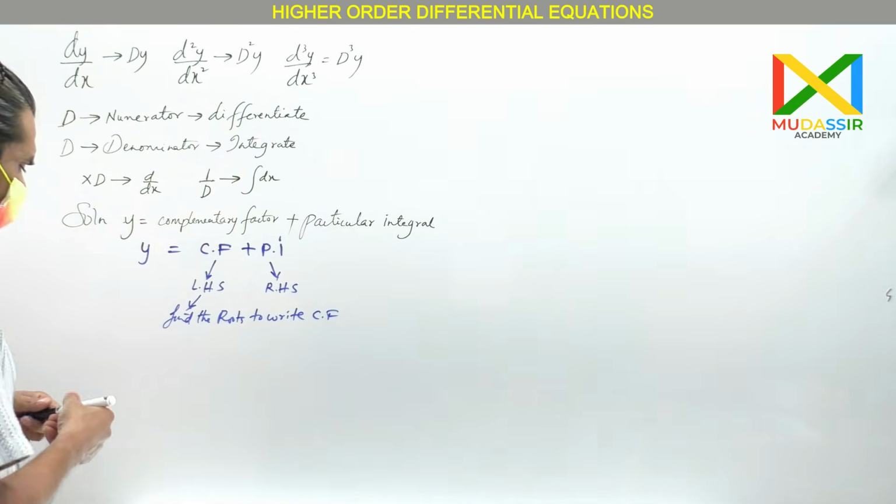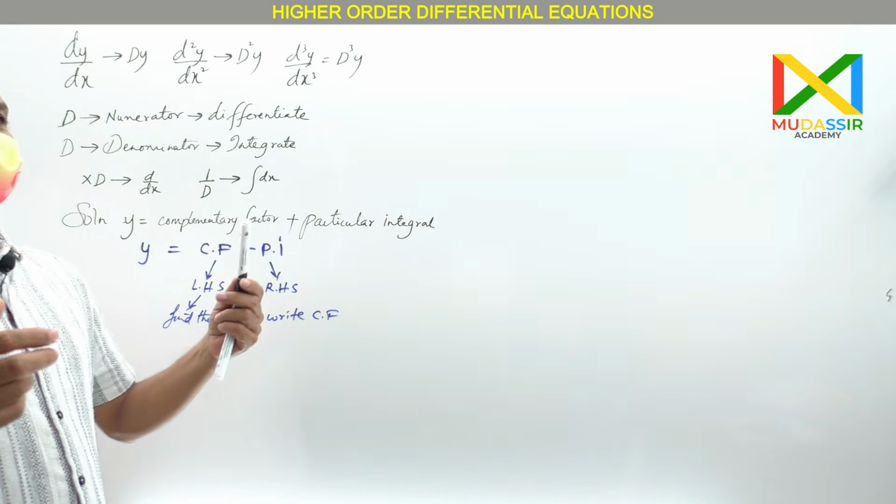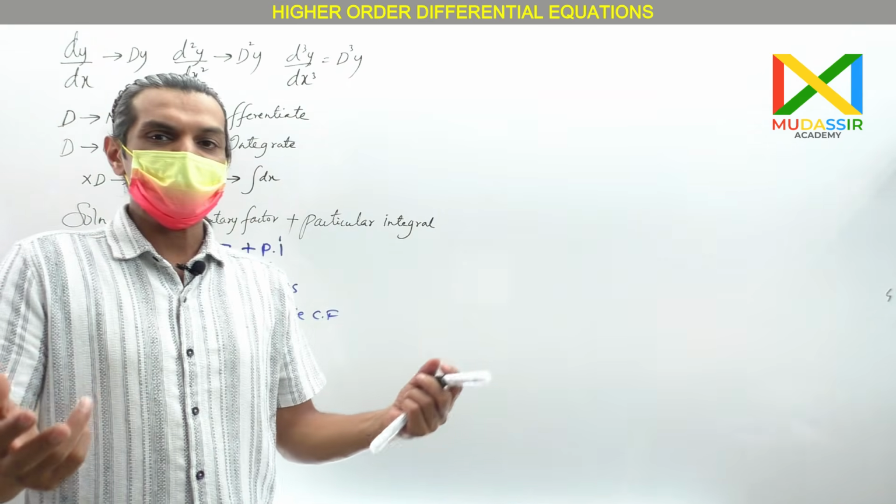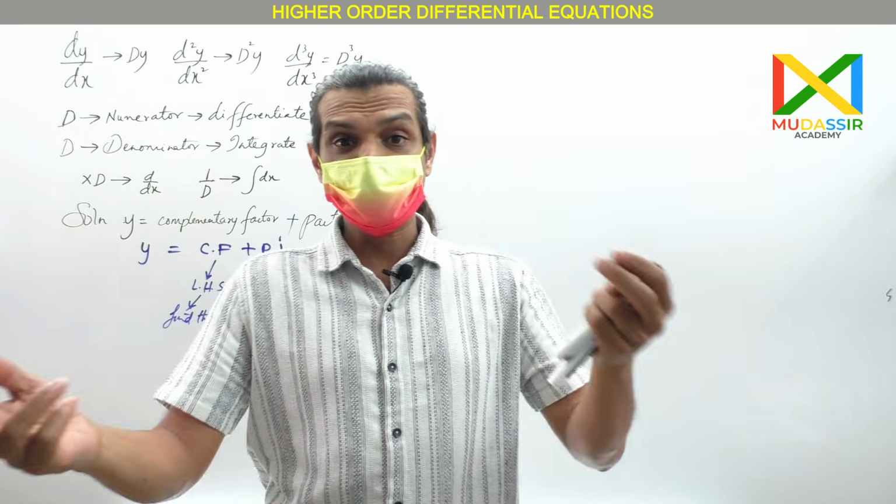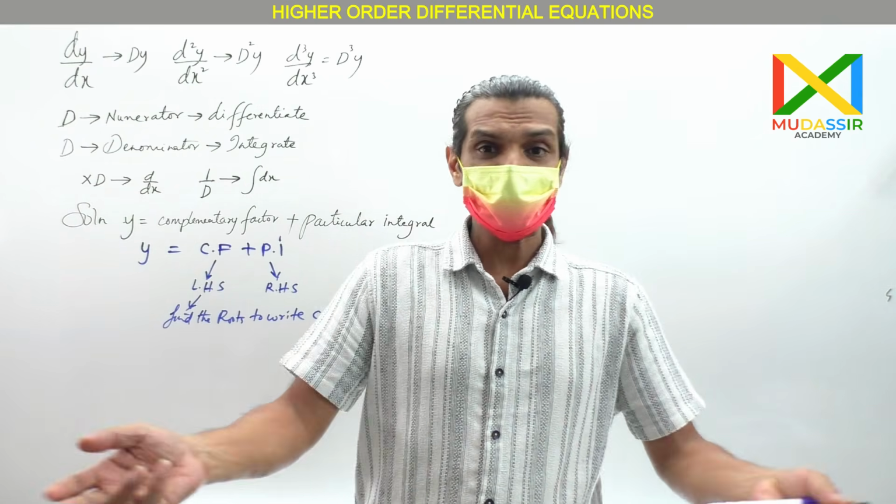So, how to find the roots? You need to employ the basic identities which you have been learning since your 7th, 8th standard up till 12th.